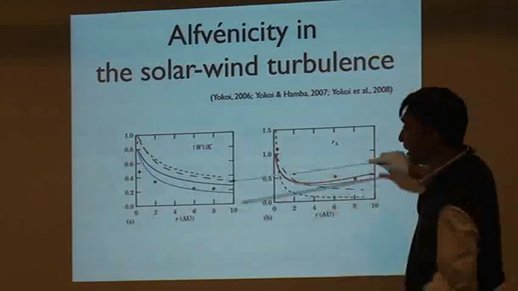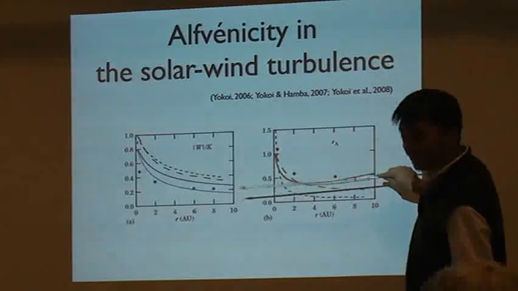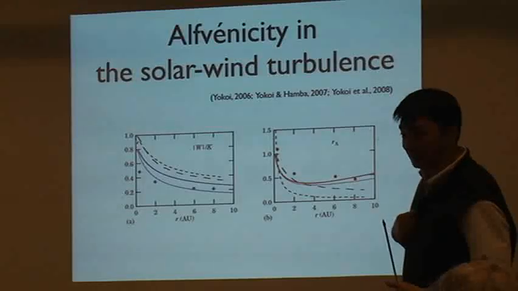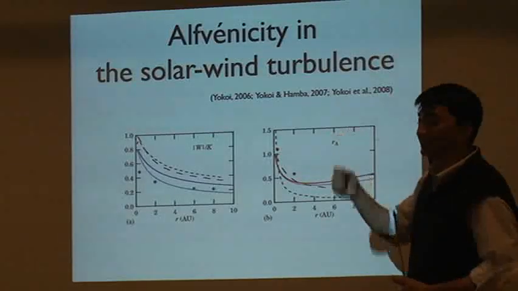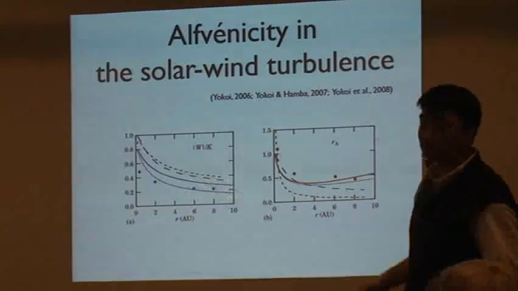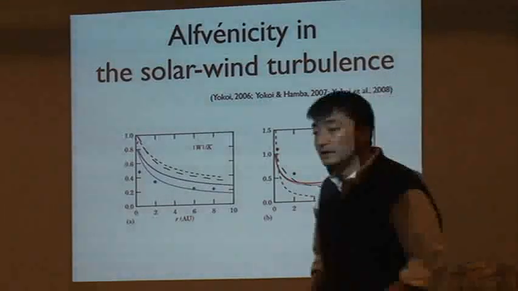So in solar wind turbulence, residual energy is very important, I believe. But cross-helicity is also very high, right? Yes, cross-helicity. So you should have a cross-helicity dynamo in solar wind.